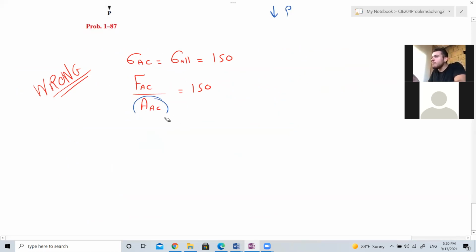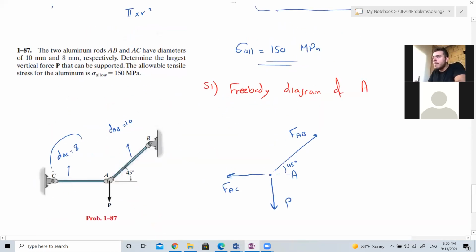What's the area of AC? If you have the diameter, can you find the area? Yes, it's pi over 4 times 8 squared. And the area of AB is pi over 4 times 10 squared.